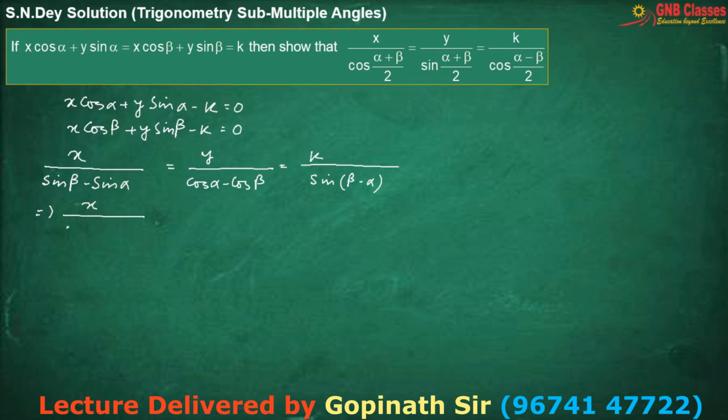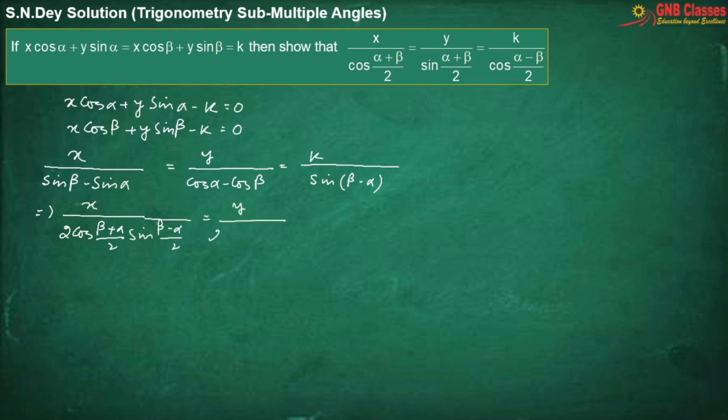So we get, here we are using the cos C minus cos D formula. And here we are using the formula of sin alpha, that we can write as 2 sin alpha by 2 cos alpha by 2.